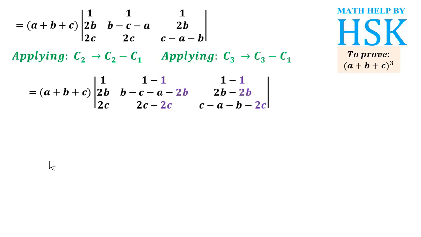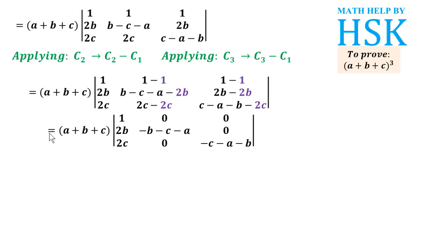On simplification, I am going to get this as: first column as it is, first term 0, b+c-a-2b would give me -b-c-a, 2c-2c is 0, 1-1 is 0, 2b-2b is 0, and this will be c+a-b-2c, which is -c-a-b.